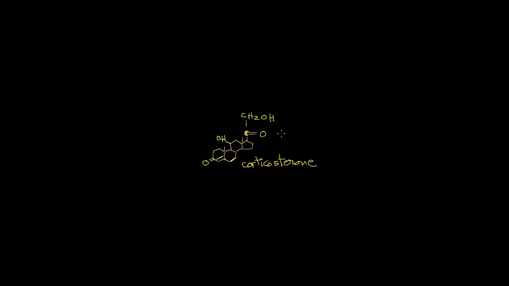The last common step in the biosynthesis of both mineral and glucocorticoid is the hydroxylation at C11. This step is catalyzed by the enzyme 11-hydroxylase, which is a mitochondrial enzyme, like the sidechain cleaving enzyme. Another step that emphasizes the compartmentalization of the different steps in the biosynthesis of steroid hormones.